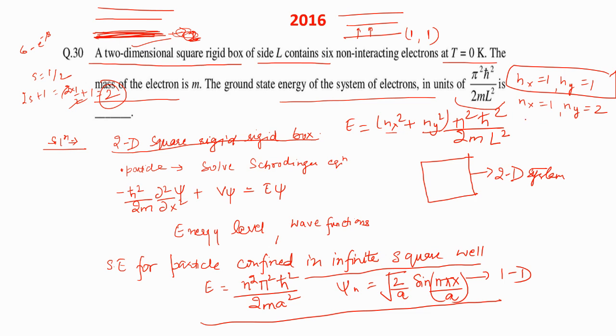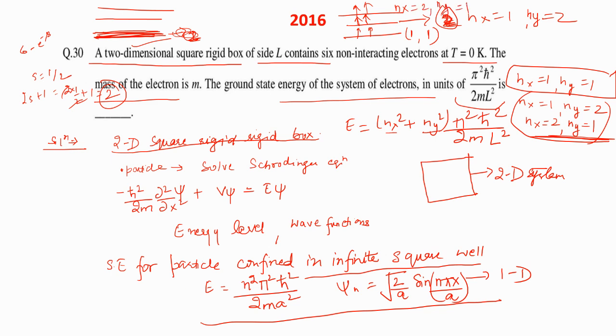But I can also write it as nx equal to 2 and ny equal to 1. So what do you understand from these two? Degeneracy, yes. So in this state we have degeneracy. The degeneracy is 2 for nx equal to 1 and ny equal to 2, and there will be 2 electrons for nx equal to 2 and ny equal to 1.